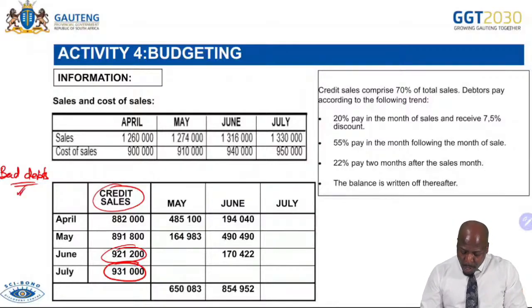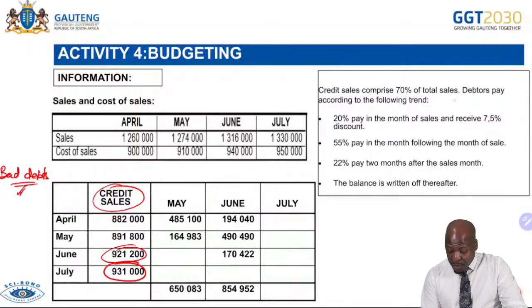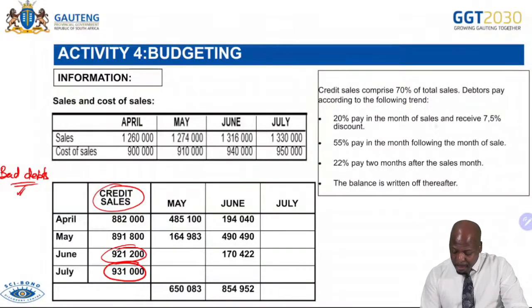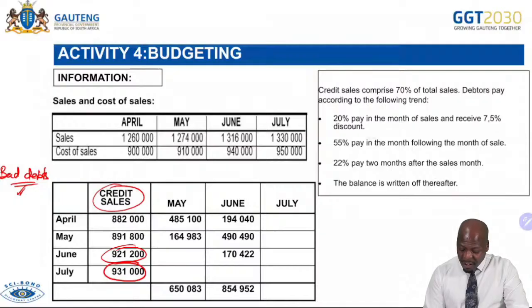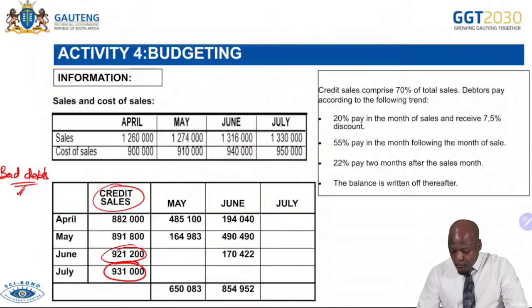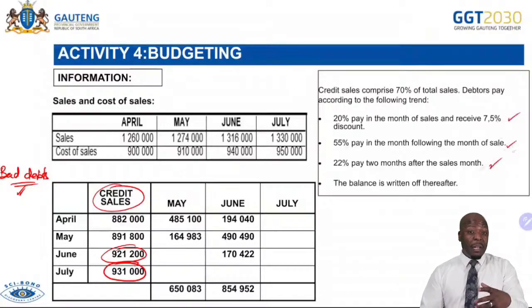So we're going to complete this debtors collection schedule. The quickest way is that you understand what the examiner is saying. Credit sales comprise 70% of total sales. Debtors pay according to the following trend. 20% pay in the month of sale and receive a 7.5% discount. 55% pay in the month following. You would have read this even in your 10 minutes reading time.